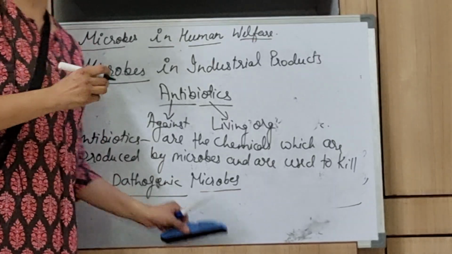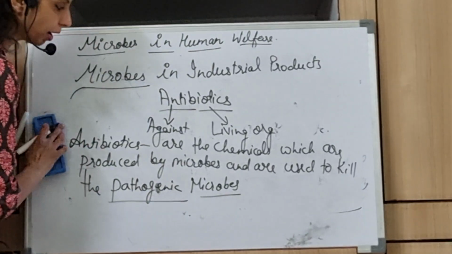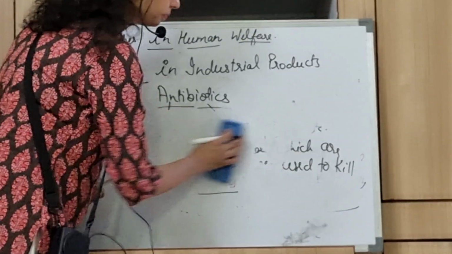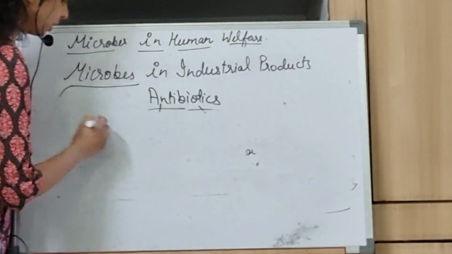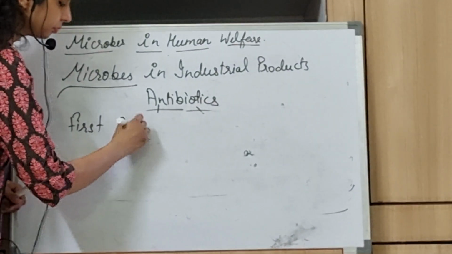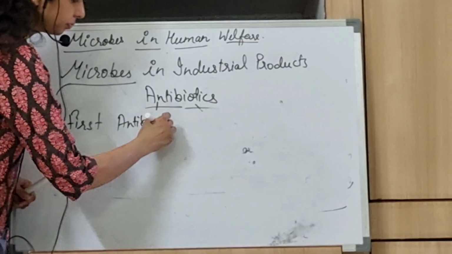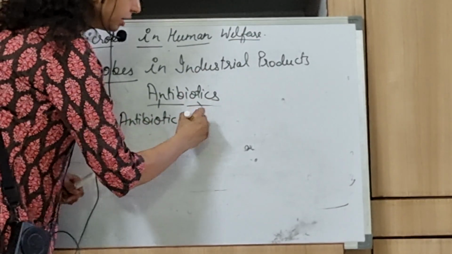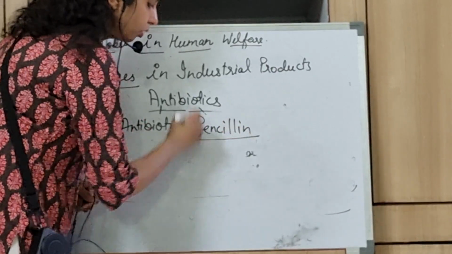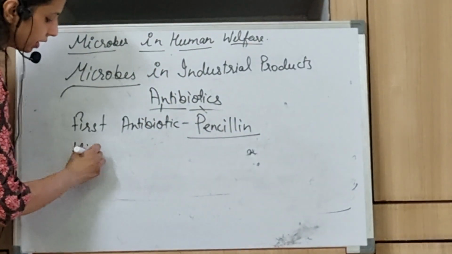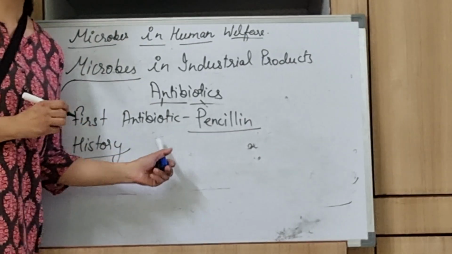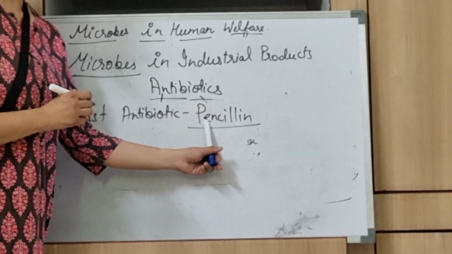So let us talk about the discovery of the first antibiotic, which is also an NCERT question. The first antibiotic was penicillin. Sometimes in NCERT and board exams, the history of penicillin is asked.